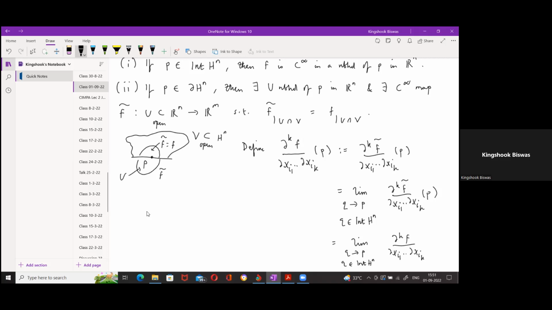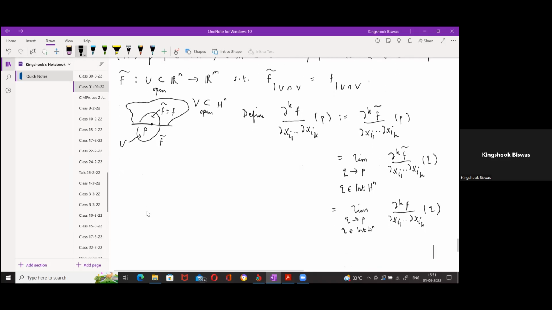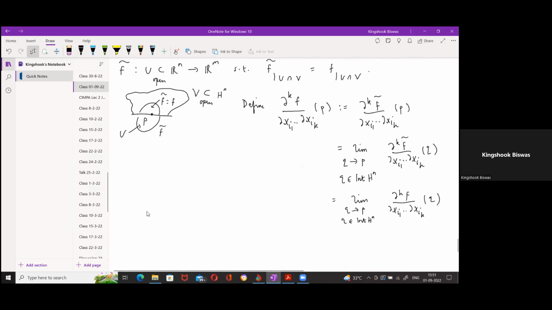Sorry, this p should be a q here. So this last limit is independent of the choice of f tilde.